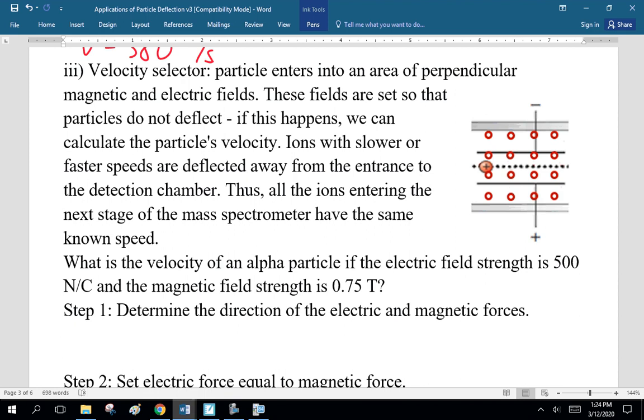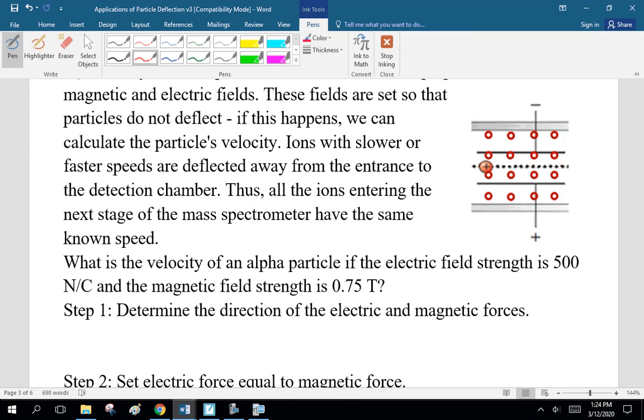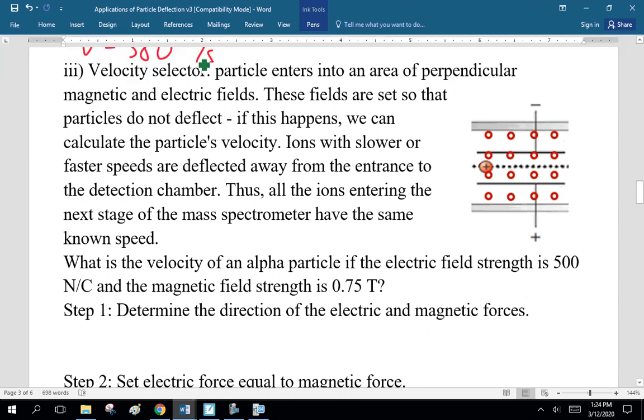Now, look carefully at the picture here. What have you got? You have two parallel plates. What's the direction of the electric field? Yes, the electric field is going up. Look at the picture here, positive to negative. What's the direction of the magnetic field? Grab your left hand. The magnetic field is coming out.